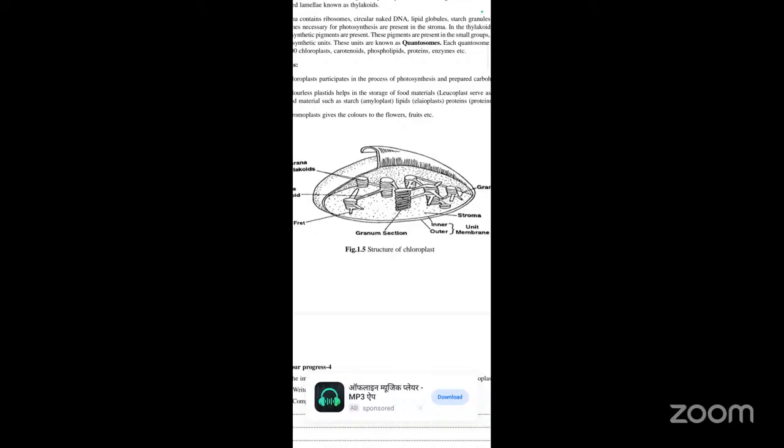Elongation is mainly catalyzed by the enzyme DNA polymerase. The DNA polymerase extends the new chains of the DNA in the presence of RNA primers. Next is termination, which is the end part.